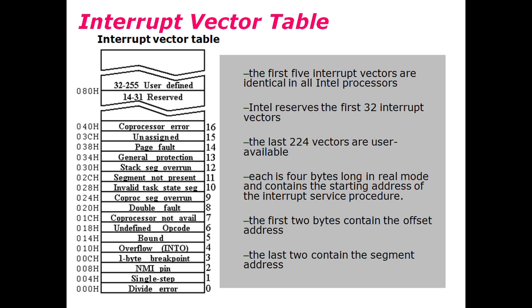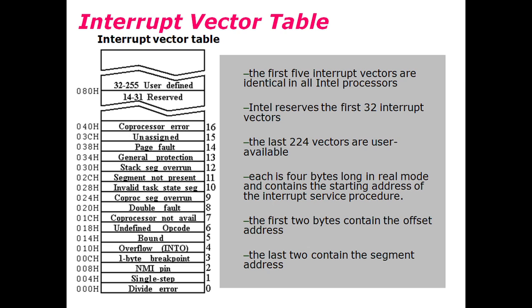Each interrupt vector is 4 bytes long in real mode and contains the starting address of the interrupt service procedure. So the starting address is provided in the form where the first 2 bytes contain the offset address, which is the content of the instruction pointer, and the last 2 bytes of the interrupt vector contain the segment address.